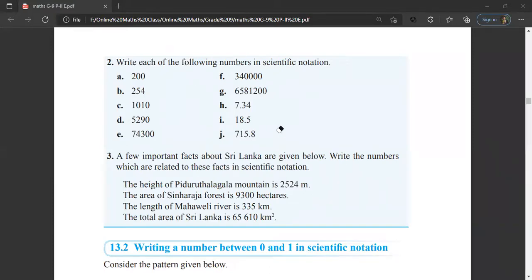Right. So yes, 2.524 into 10 to the power 3. Right. Next one.